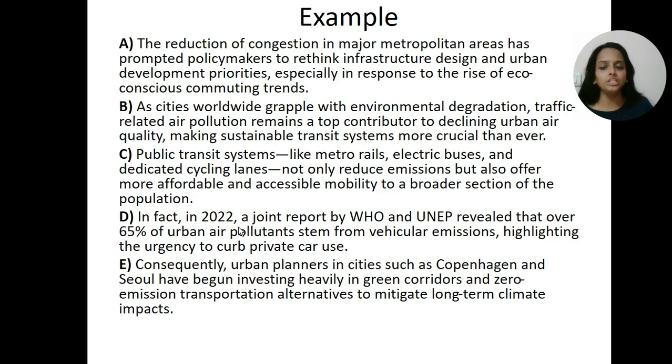In fact, in 2022, a joint report by WHO and UNEP revealed that over 65% of urban air pollutants stem from vehicular emissions, highlighting the urgency to curb private car use. Consequently, urban planners in cities such as Copenhagen and Seoul have begun investing heavily in green corridors and zero emission transportation alternatives to mitigate long term climate impacts.